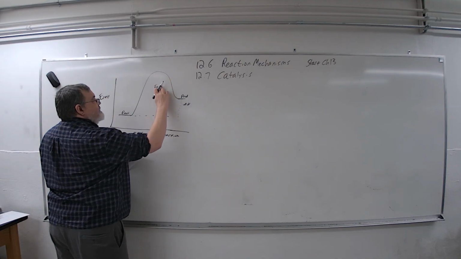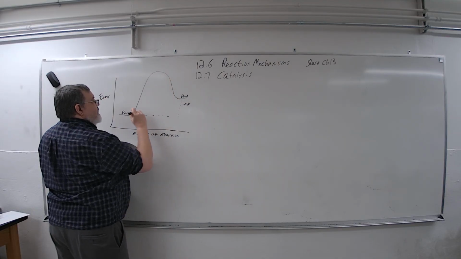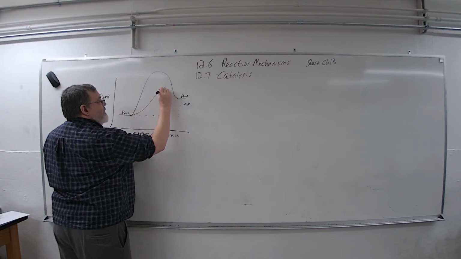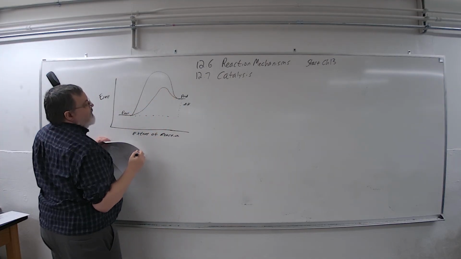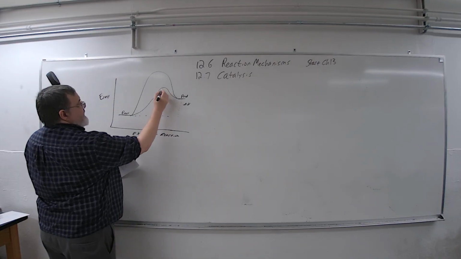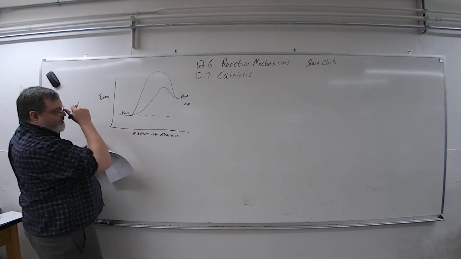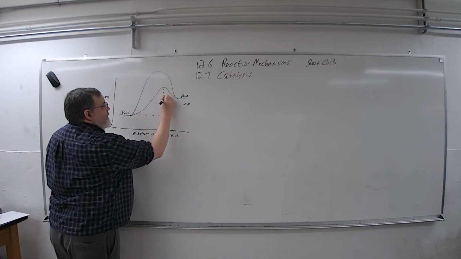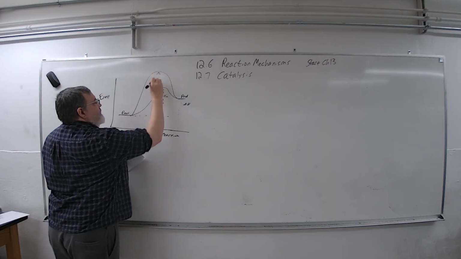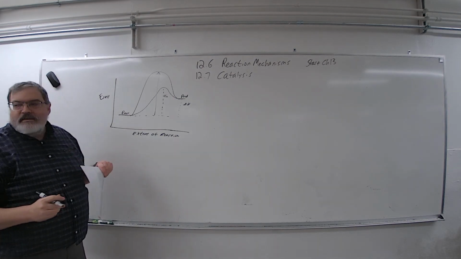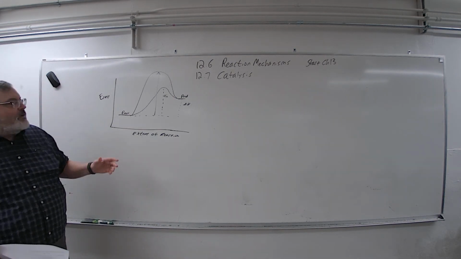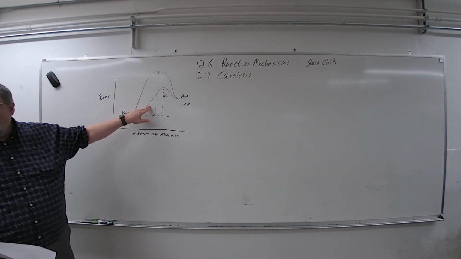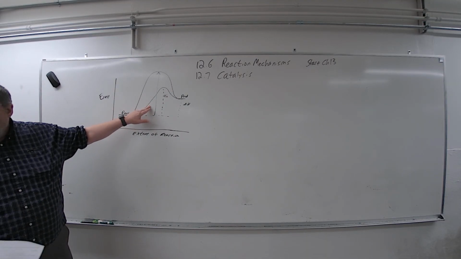But if I did this instead, I did it again, and I put something in there to make it go faster. These peaks don't even have to line up with time. The fact that that is lower in activation energy than that tells you that's a catalyst. Same exact reaction, but now the energy profile looks like this. That tells you this is the reaction that had a catalyst.